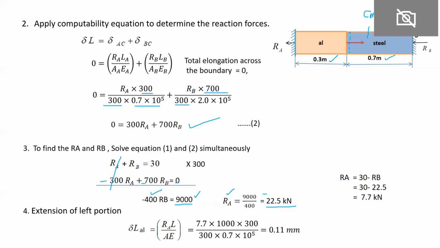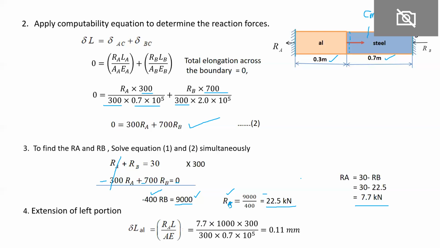Sorry, this is RB, not RA. And RA plus RB is equal to 30, which is the equation we derived previously. By using the equilibrium equation, now you substitute the value of RB here and you will get 7.7 kilo Newton. So this is the amount of force RA and RB we have computed.